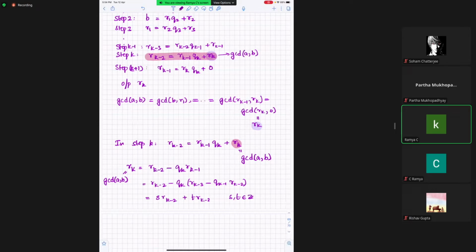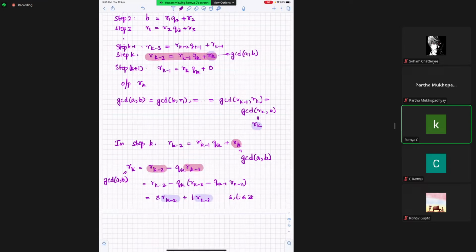My goal was to understand how to write the GCD in terms of A and B. I began with an equation where the GCD was expressed as a linear combination of Rk minus 2 and Rk minus 1. Now I have expressed this by substitution as a combination of Rk minus 2 and Rk minus 3.